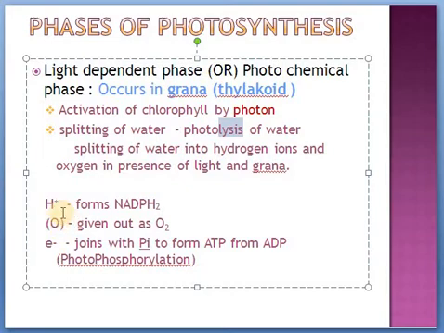What happens to this H plus later? This H plus will later form NADPH2. We know that NADPH2 is nicotinamide adenine dinucleotide phosphate reduced, an energy rich compound.